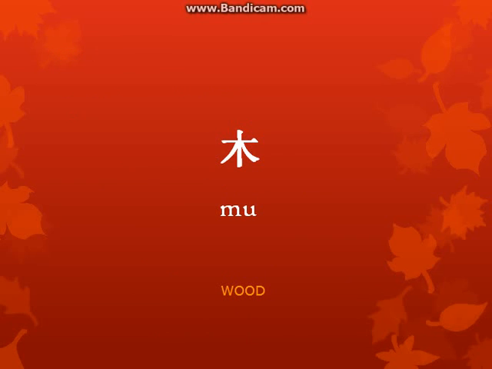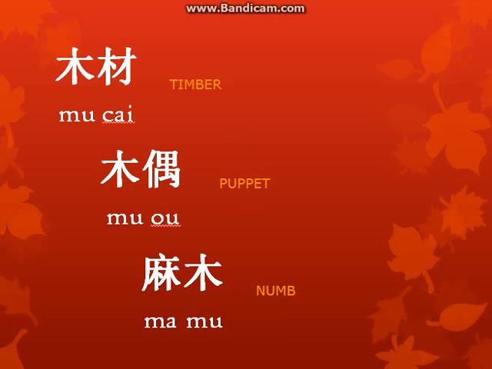And I'll just show you a few other building blocks. This is 木, which means wood. 木材 is timber. 木偶 is puppet. 麻木 to be numb, like a piece of wood.